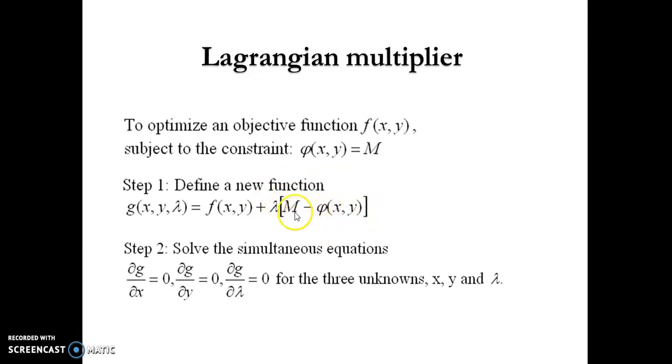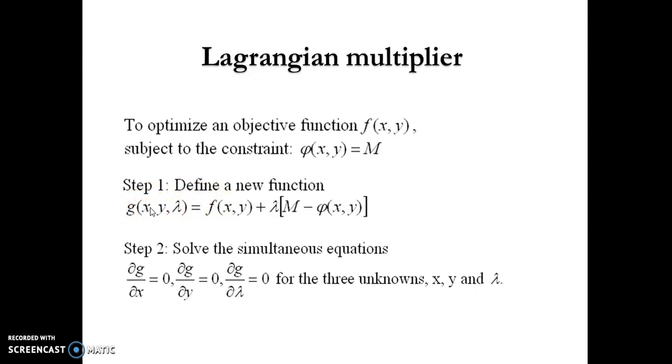So m is the constant, and for instance, if you have cost it would be your constant, and then you take all the other variables to the same side as cost, so that you have cost minus the other variables. So that becomes your constraint multiplied by the scalar lambda, that is your Lagrange multiplier, plus the objective function gives you your new function, right? So then you have a function of three variables.